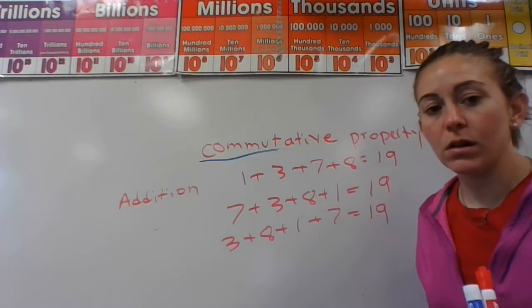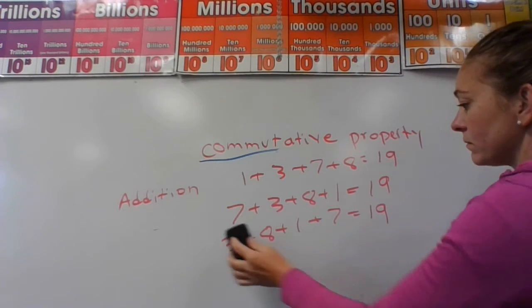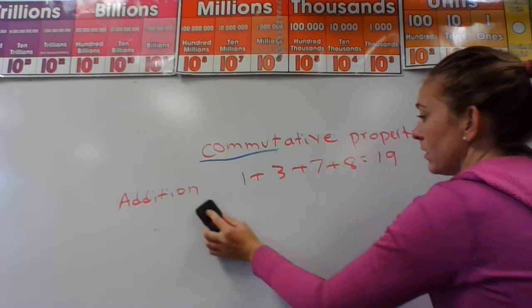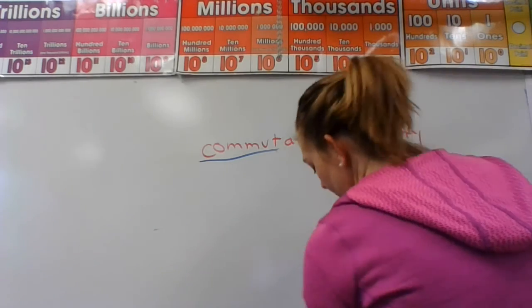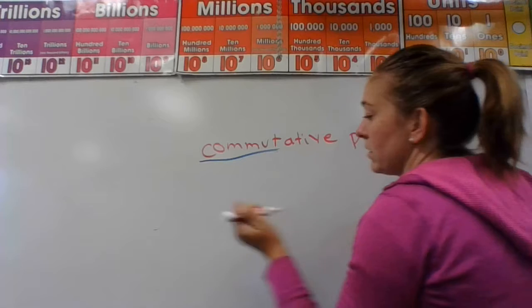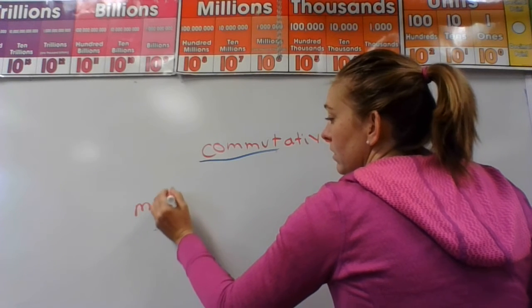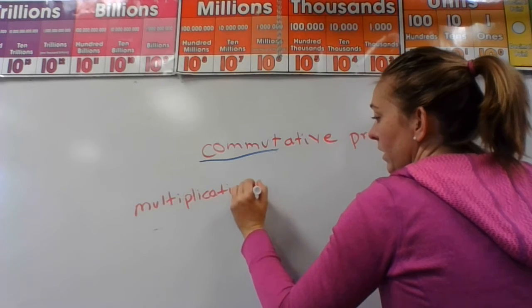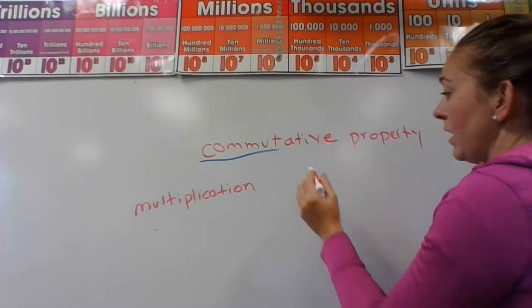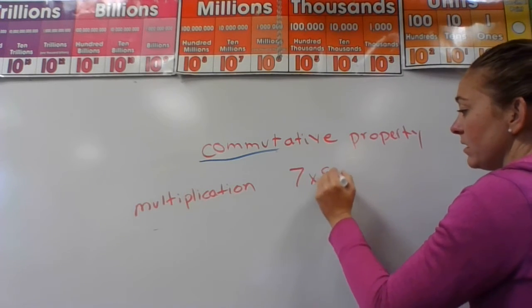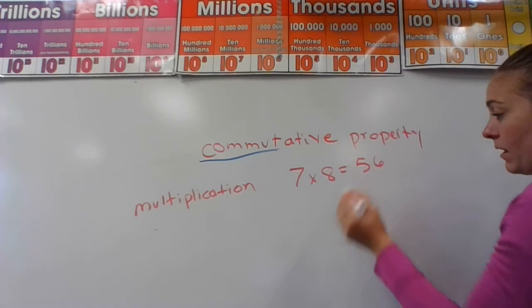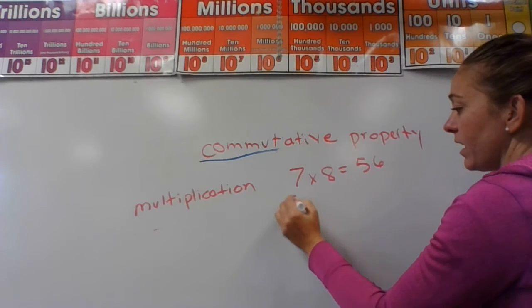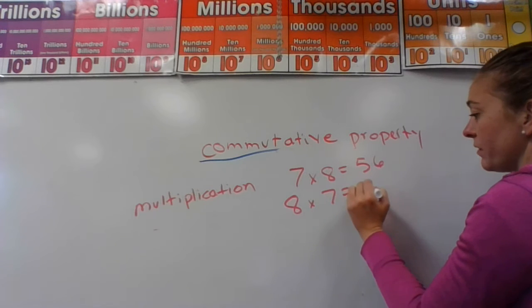And this works also for multiplication. It works for multiplication as well. I can say 7 times 8 equals 56, and I can move that around and say 8 times 7 equals 56.